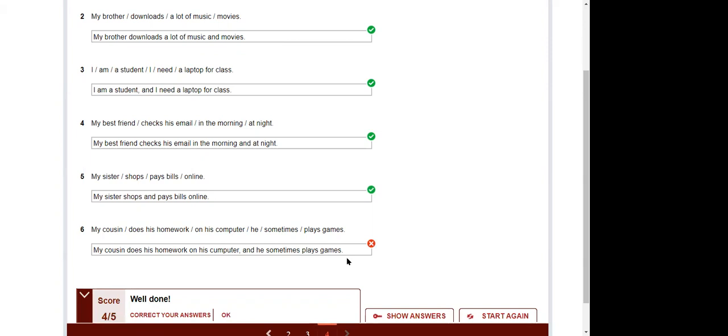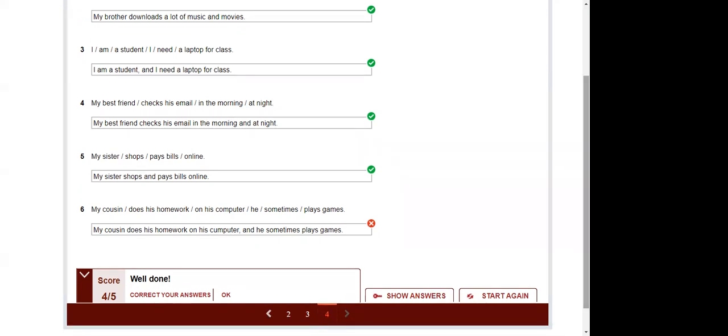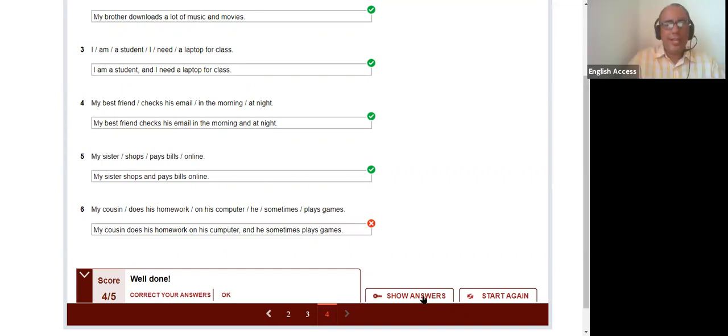I think it's correct, but it's not. Does his homework on his computer? Será my cousin does homework and he sometimes plays games on his computer. Could be. Let's show the answer. Vamos a ver si mostrando la respuesta la corregimos.